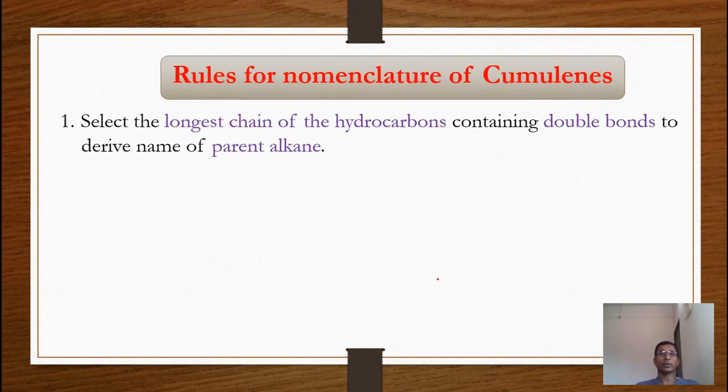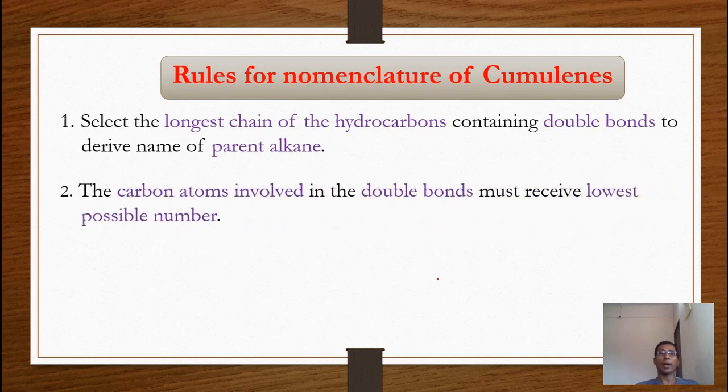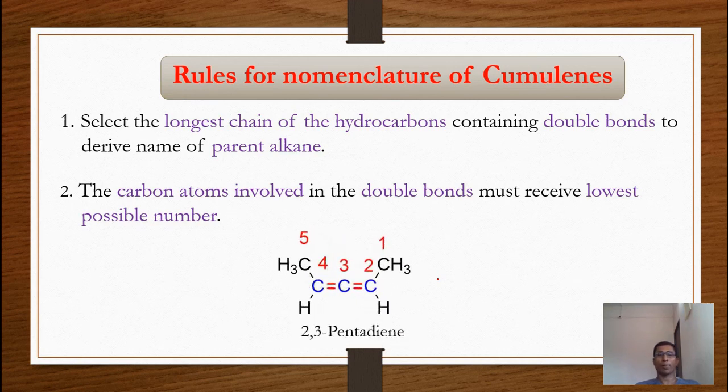At first, you have to select the longest chain of hydrocarbon containing the double bonds to derive the name of the parent alkane. During the numbering, the double bonds must receive the lowest possible numbers.